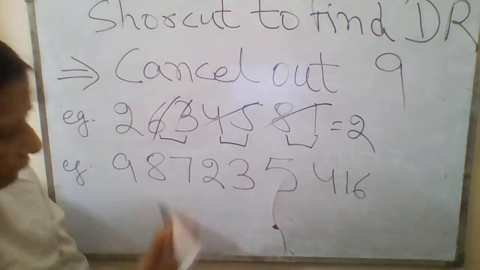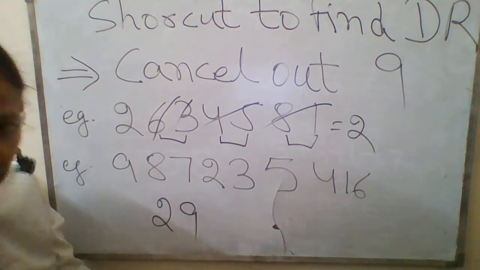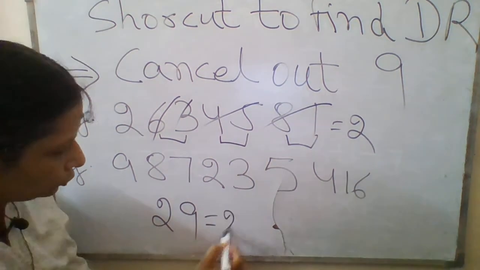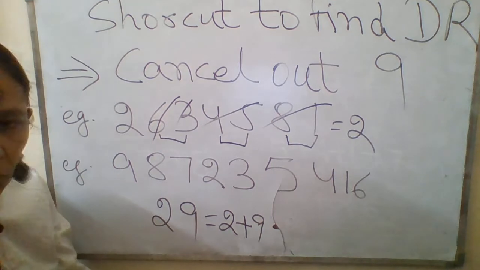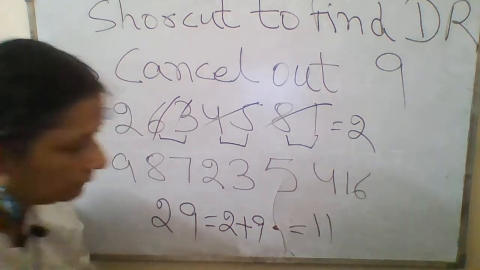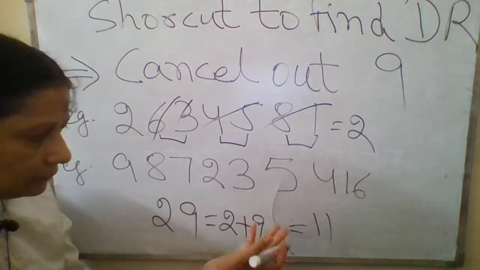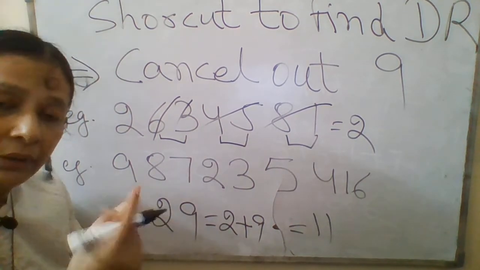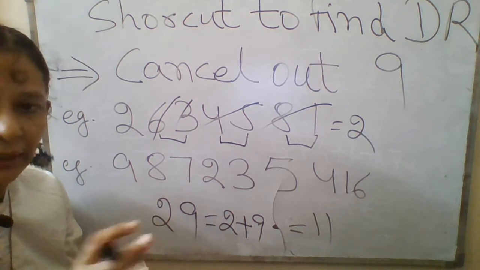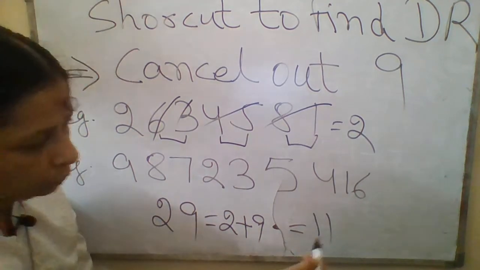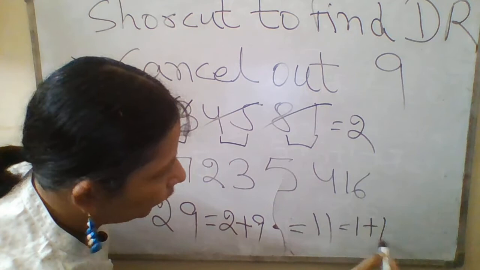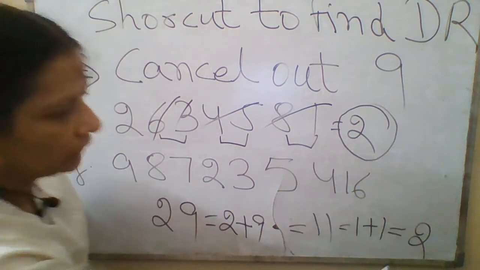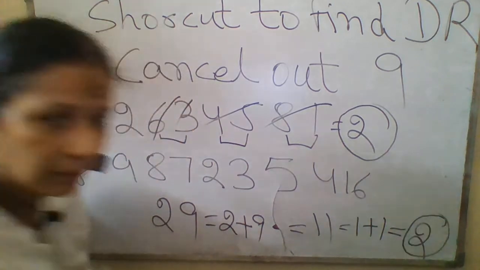If you do it like this, you will get 29, and again this is a double digit, so what will you do? 2 plus 9. What is 2 plus 9? That is equal to 11. Again here also, this is a double digit. So I told you in the beginning, keep on repeating this process until you get a single digit. Again you have to do 1 plus 1, which is equal to 2. So you can find this 2 is the same as the 2 here.